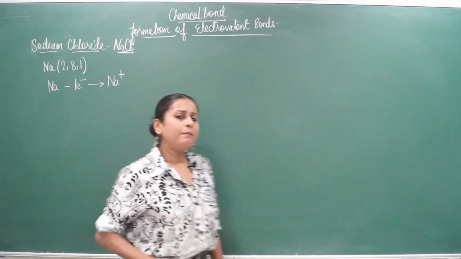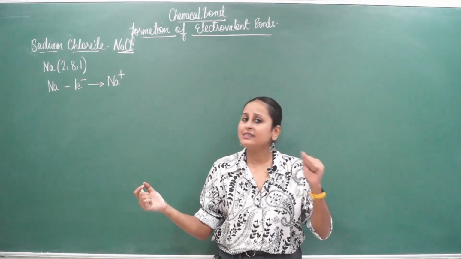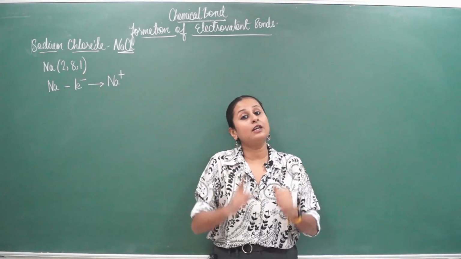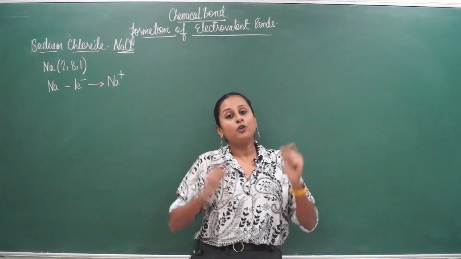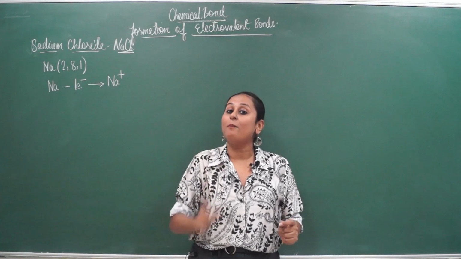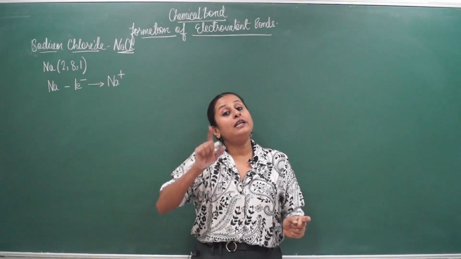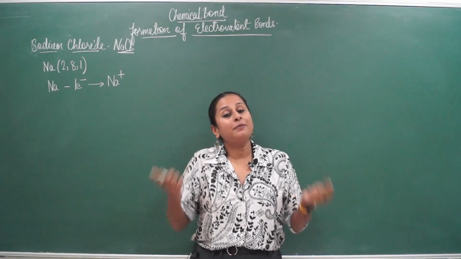Why does it become Na+? Because now after losing one electron, the number of protons is still 11. Atomic number gives you the number of protons, or the number of electrons in a stable element. Sodium loses one electron and now it has a configuration of 2,8. So now it has only 10 electrons, but it still has 11 protons. So who has a bigger charge?